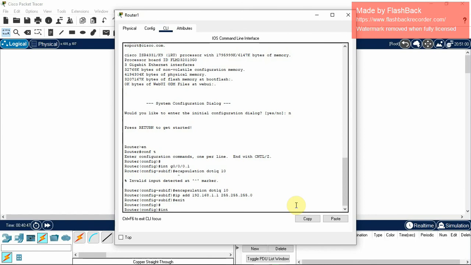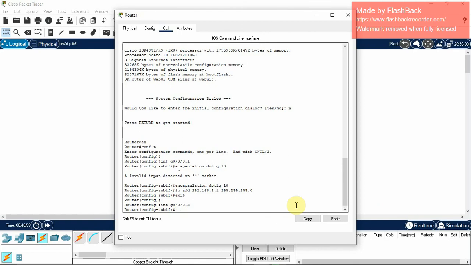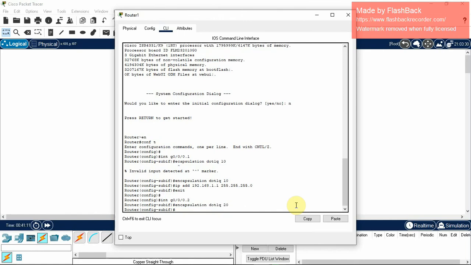Also go to the next sub interface. Encapsulation dot1Q, then going to be for VLAN 20, and then now the IP address 192.168.2.1, and the subnet mask is 255.255.255.0.